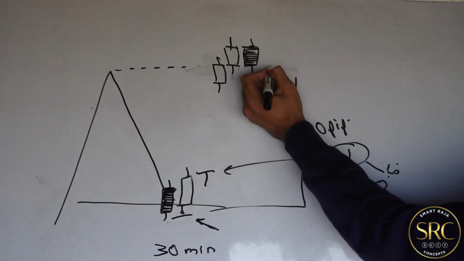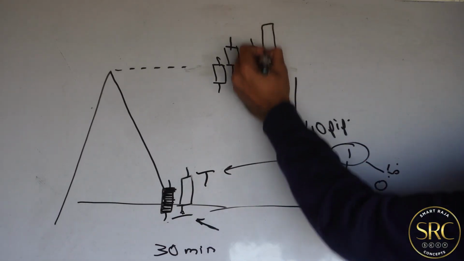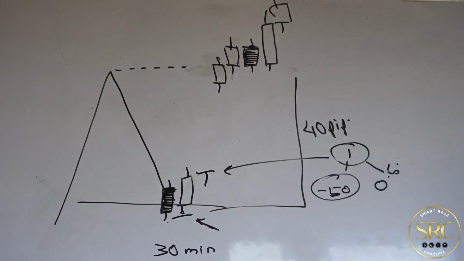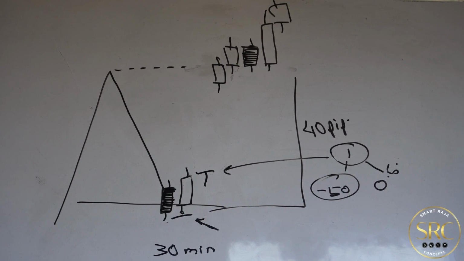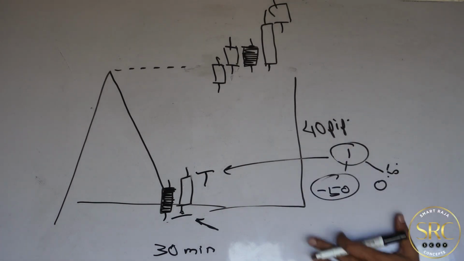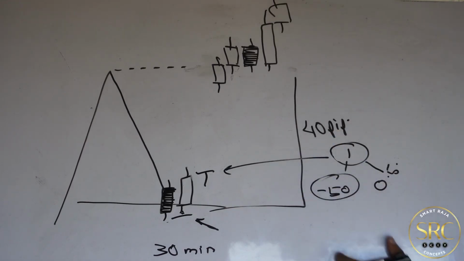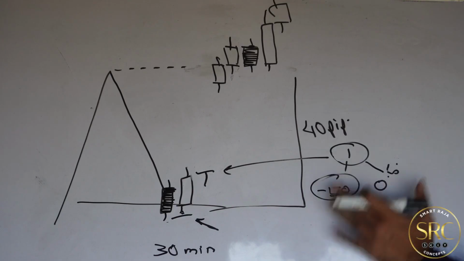What if the second 15-minute candle starts to go up and then continues to go up? Then what are you going to do? Well, in that case, you're going to use the concepts we talked about in how to give your trade a second chance, or the concept of adding positions to a winning trade.